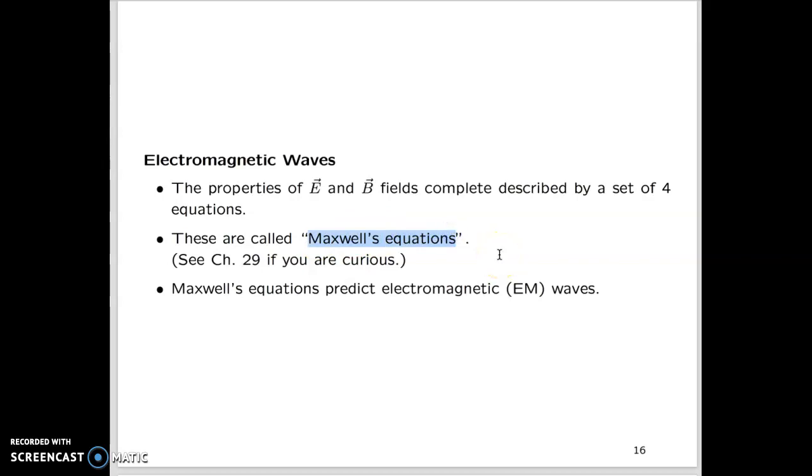If you're curious, you can look in chapter 29. The significance of Maxwell's equations is they predict the existence of electromagnetic waves. And that's what light is, that's what radio waves are, and so on, all the electromagnetic waves.